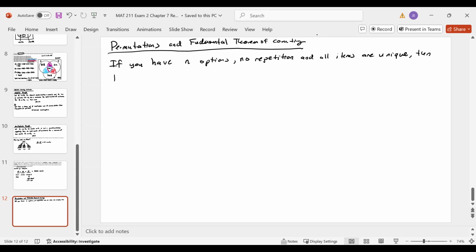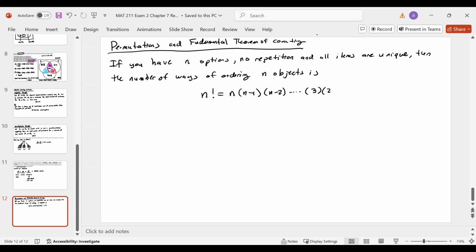Then the number of ways of ordering n objects is n factorial, right? Which is just equal to n times n minus 1 times n minus 2 dot dot dot 3 times 2 times 1.